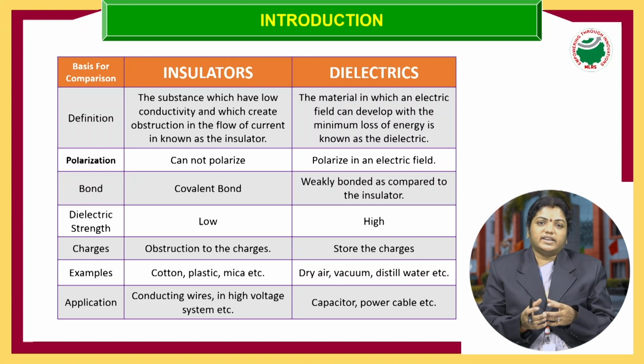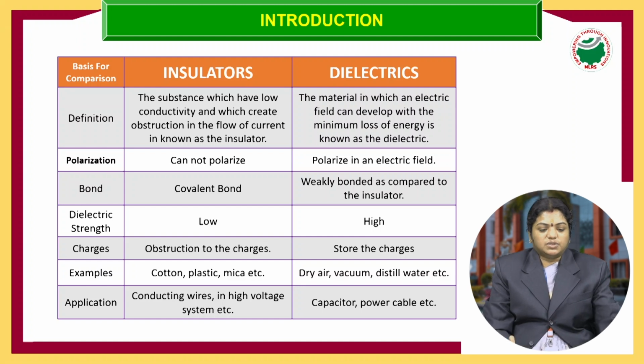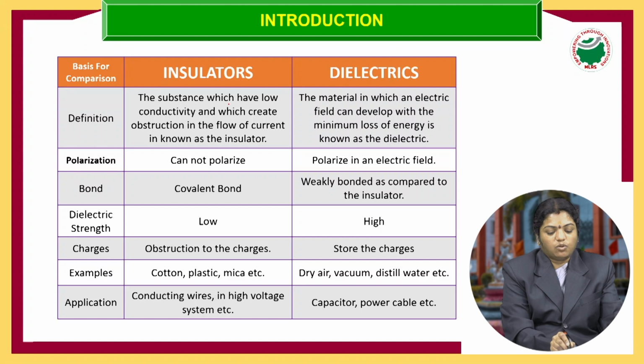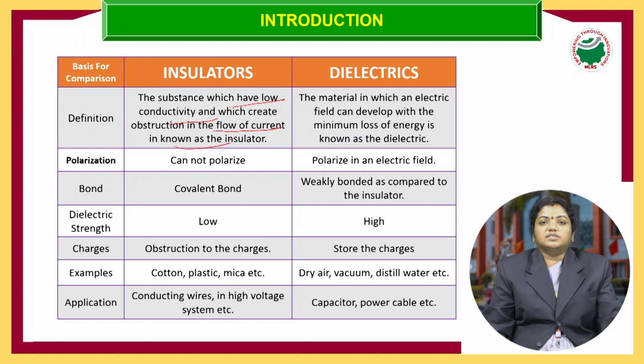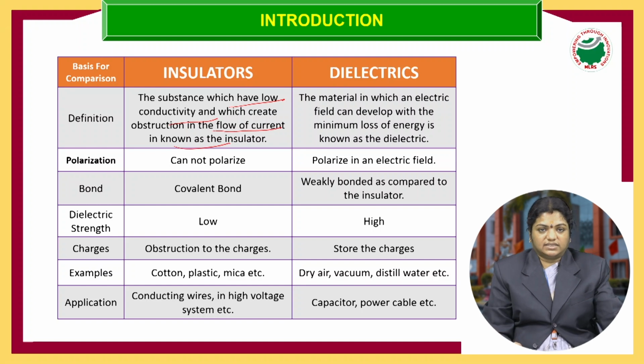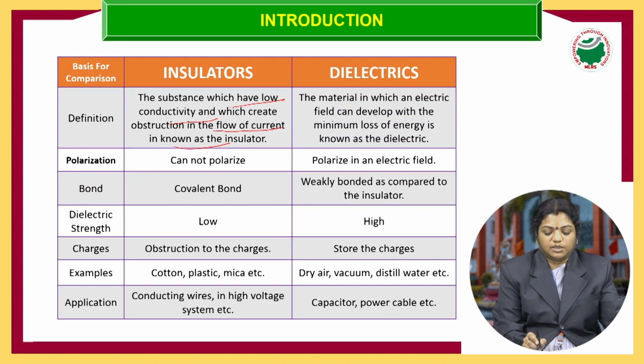In these insulators the conductivity is very poor. The substance which has low conductivity and creates obstruction to the flow of current is known as an insulator. But what is the meaning of dielectrics? Dielectrics are materials in which, in the presence of an electric field, polarization can be developed with minimum loss of energy.